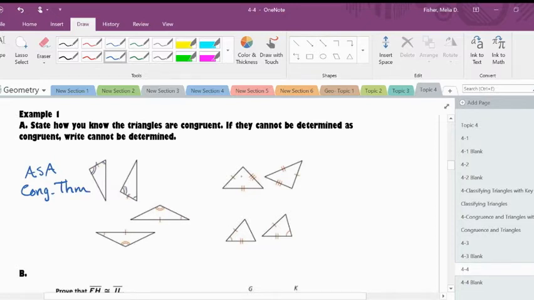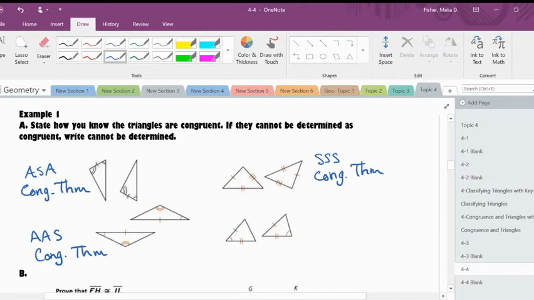To the right, we have the side-side-side congruency theorem. On the bottom left, we have the angle-angle-side congruency theorem.